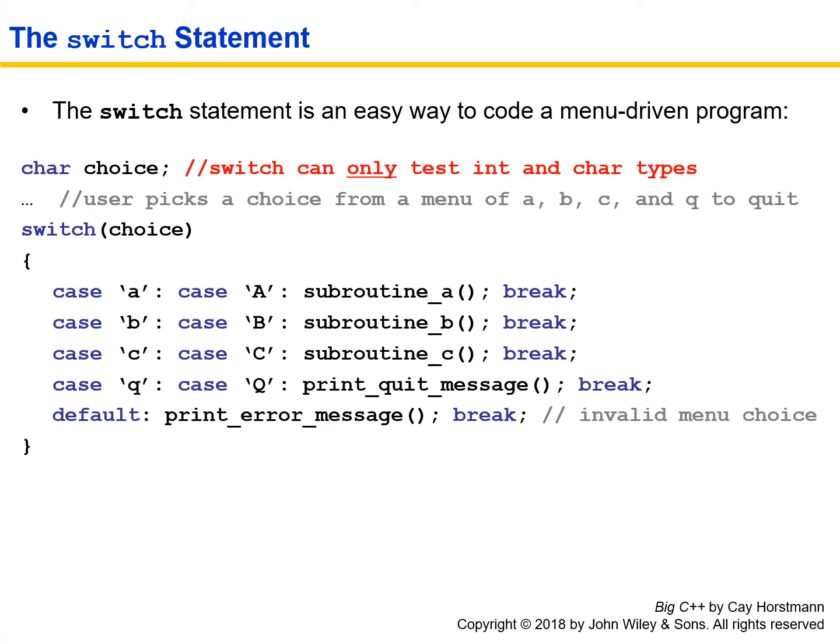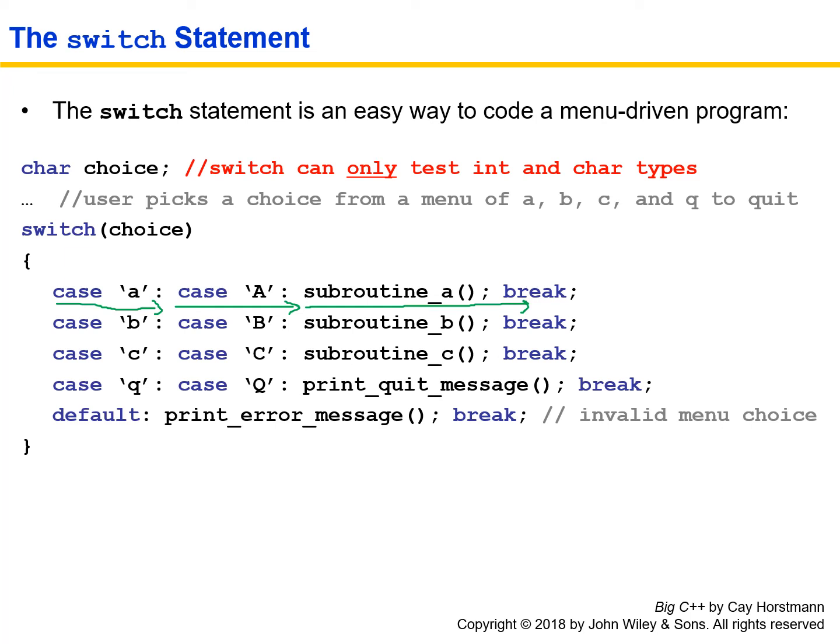Notice here that, let's say I type lowercase a, it's going to match case a, it's going to flow right on through case capital A, and it's going to do subroutine A, and then it's going to get to the break statement. Okay. What if I choose capital C?